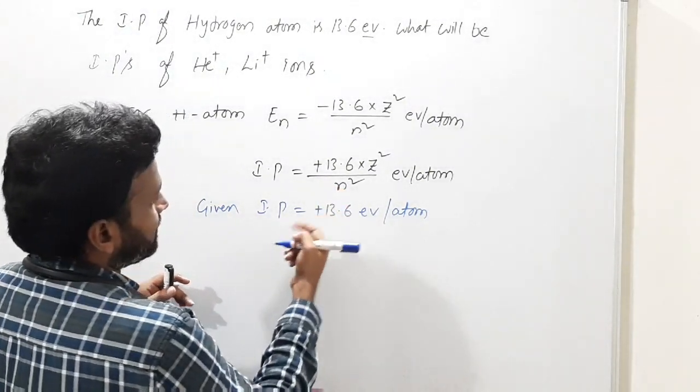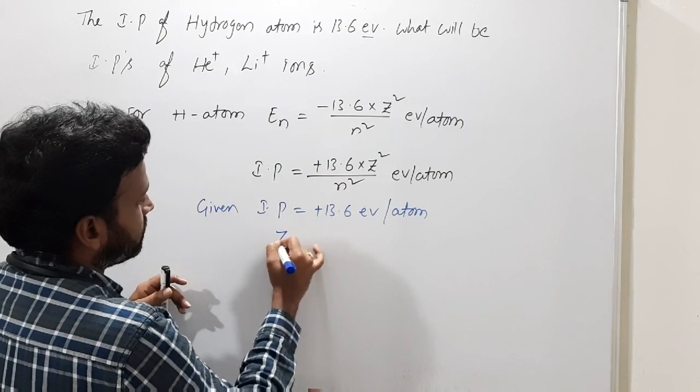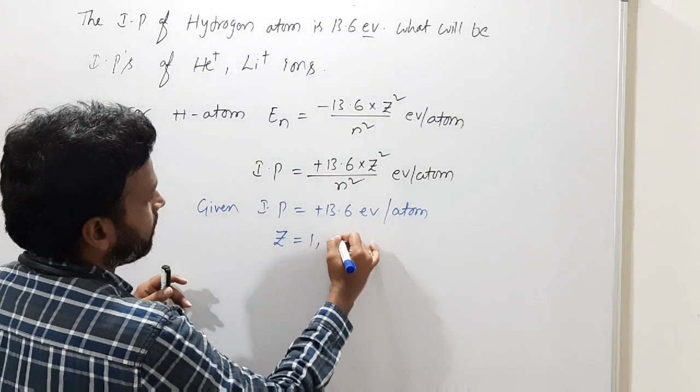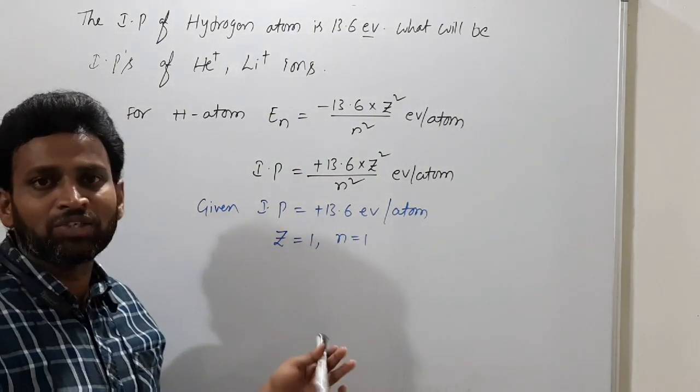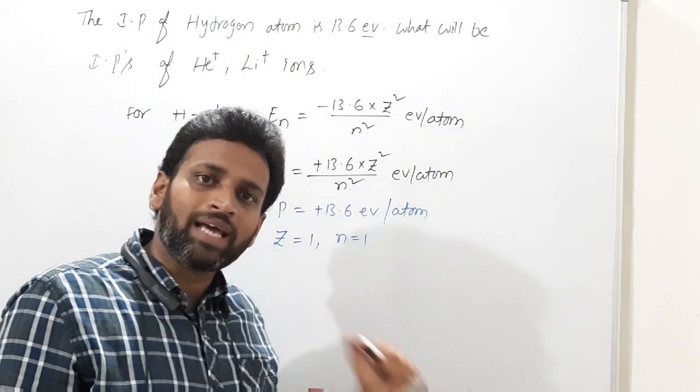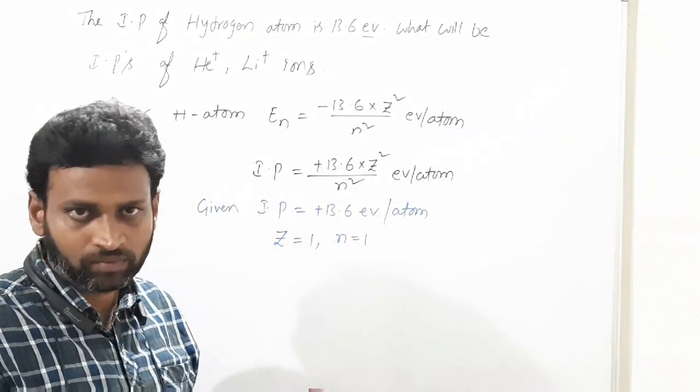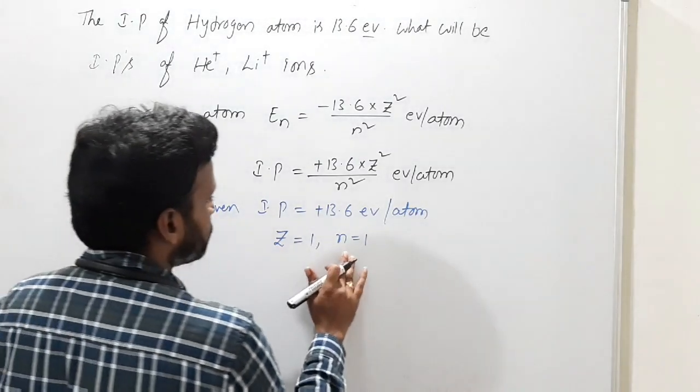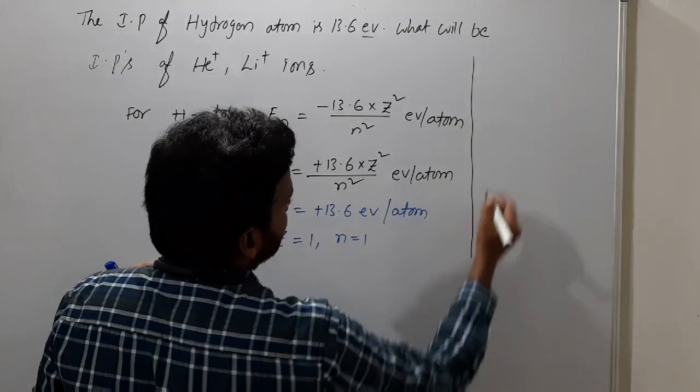From this what you can understand: exactly 13.6 means Z is equal to 1 and N is equal to 1. There is no excited state here. So they ask only the ground state. So Z is equal to 1 and N is equal to 1. It's very simple.